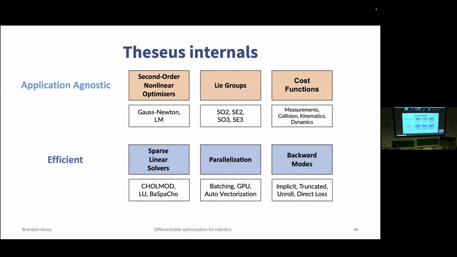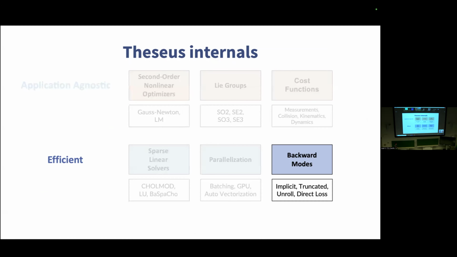We have quite a few of the standard internal components that you would expect as well, like the standard second order solvers. We support Lie groups, and we have differentiable Lie group operations, and we also have other cost functions and quite a few options for other parts of the backends, like exploiting sparsity in the linear solves, parallelization, and different backward modes.